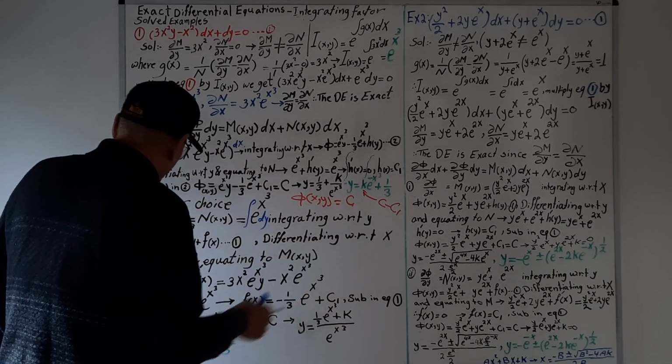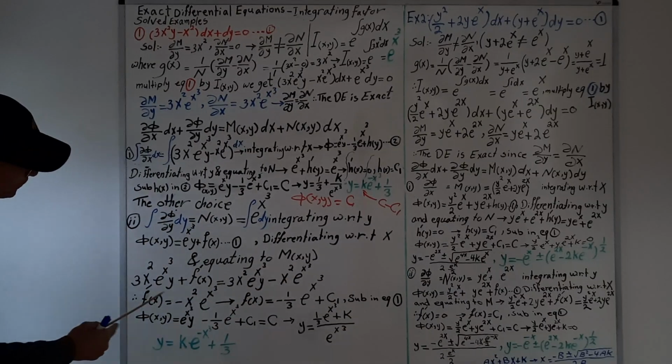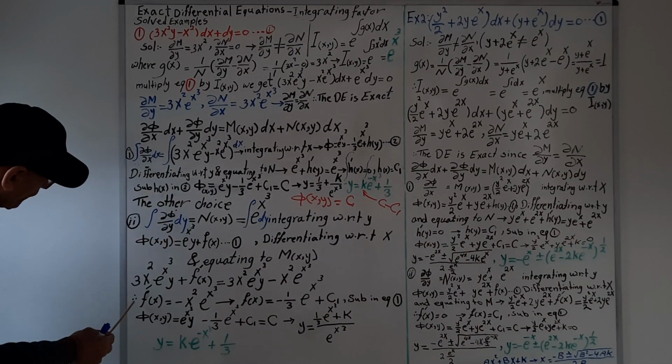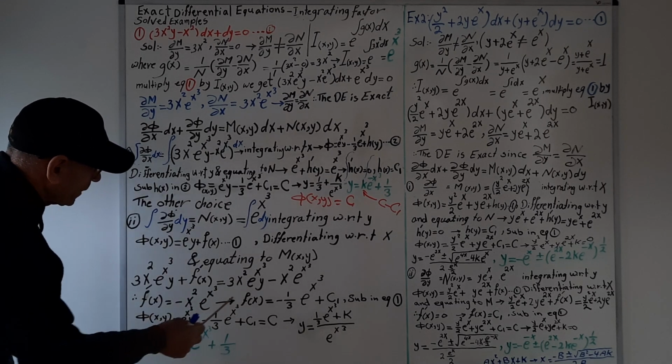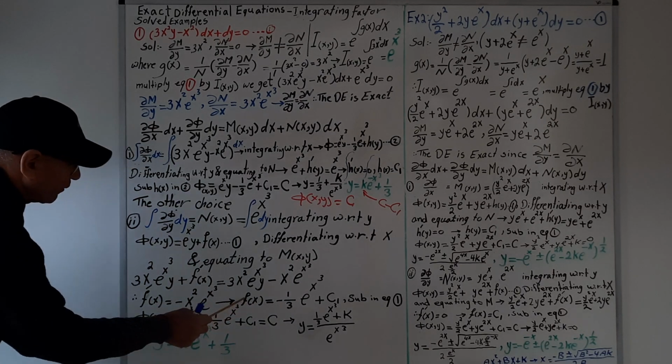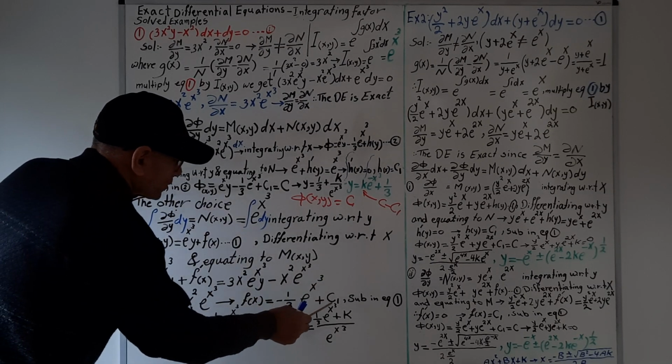Differentiating with respect to x and equating to M, we found that f prime of x equals minus x squared e to the power x cubed. And here we found f of x equals minus one third e to the power x cubed plus c1.